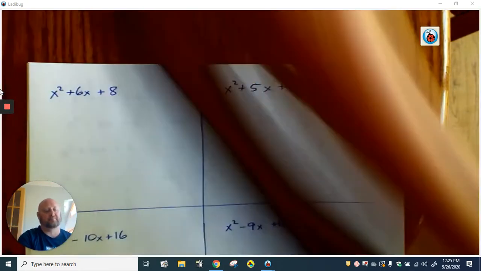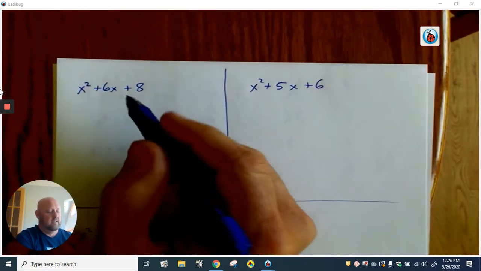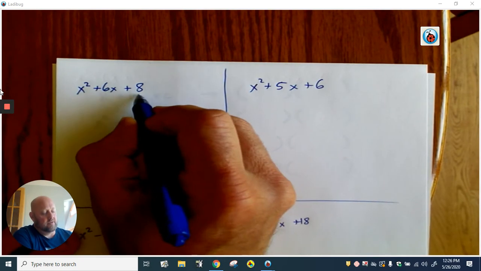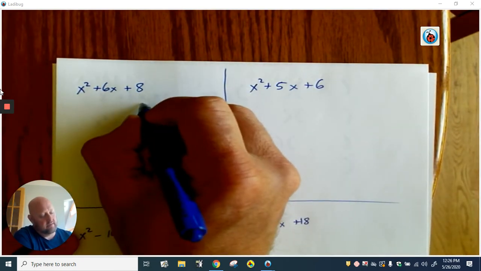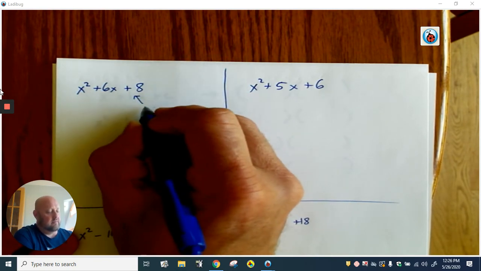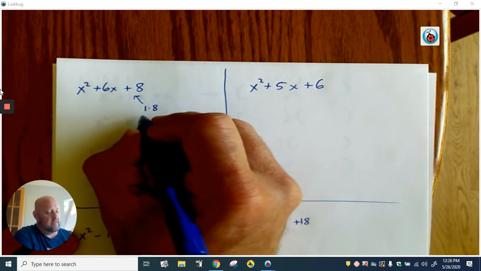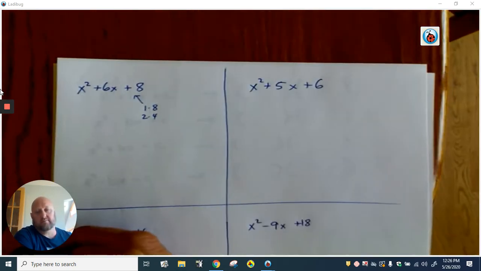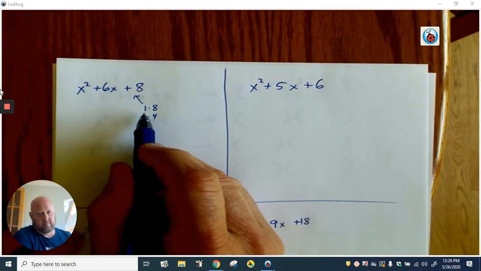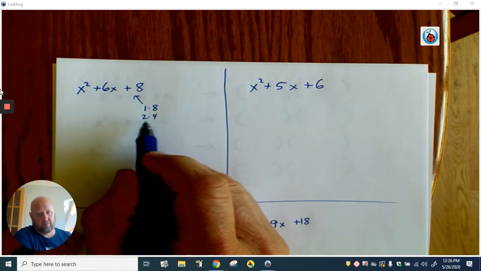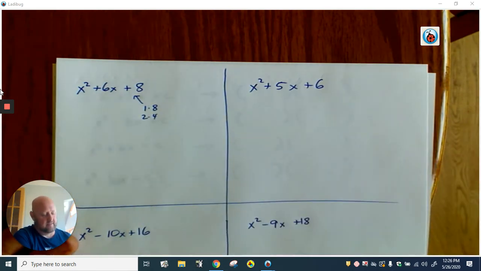Okay? So again, what we're looking for is two numbers that multiply together to get 8 and add up to 6. Well, the ways you can get to 8, 1 times 8, 2 times 4, right? And it really doesn't matter if you list them 1 and 8 and 2 and 4, 4 and 2 backwards. It really doesn't matter.